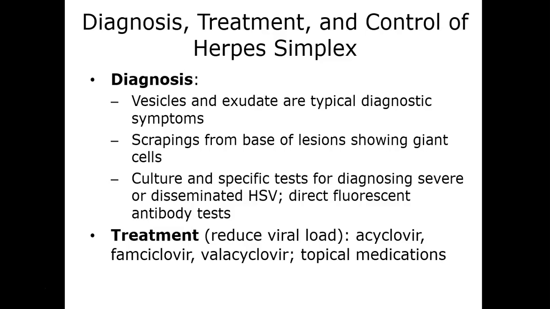All of these herpes simplex viruses can be distinguished through different types of antibody testing. Treatments include acyclovir and a lot of the typical antiviral treatments. There are also medications that can be applied topically.